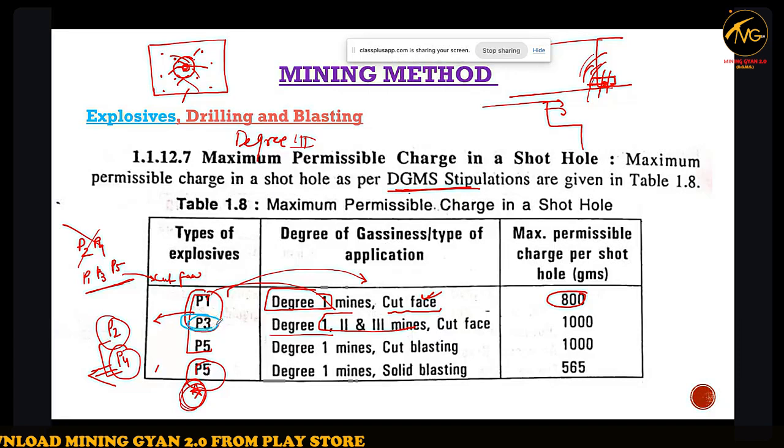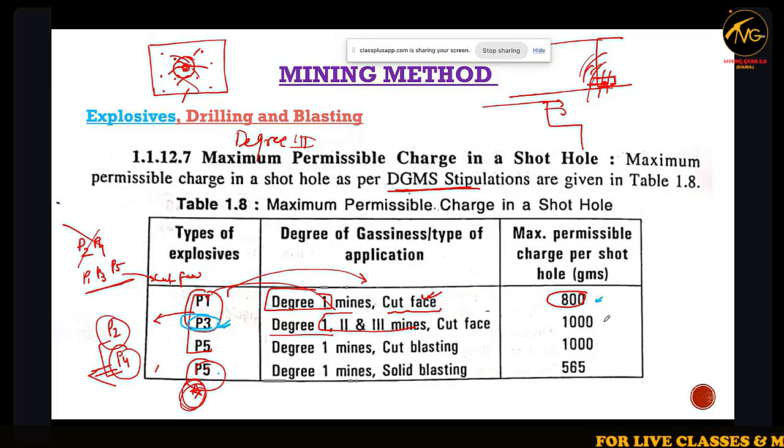P1 or P5 we do not use in degree 2 and degree 3. We only use P3. And the requirement of the maximum permissible charges: P1 uses 800 gram, P3 uses 1000 gram, P5 565 gram.